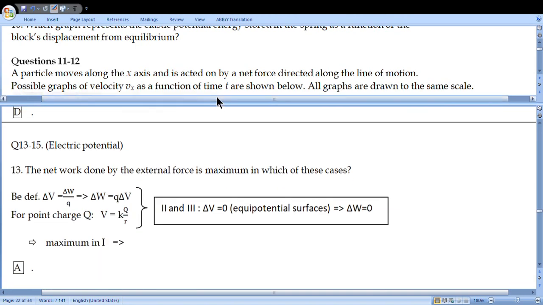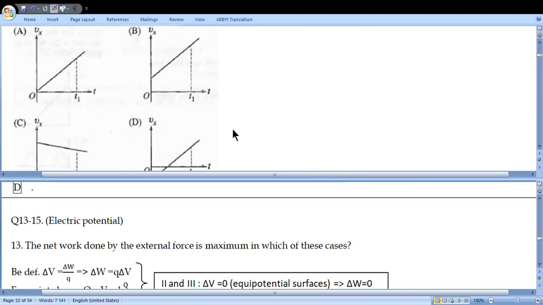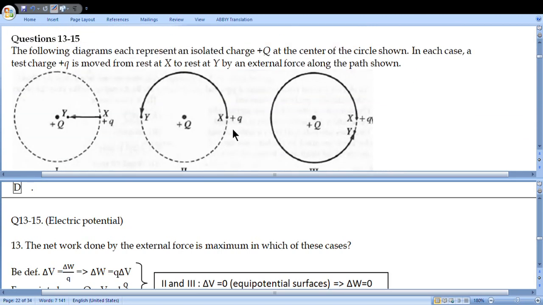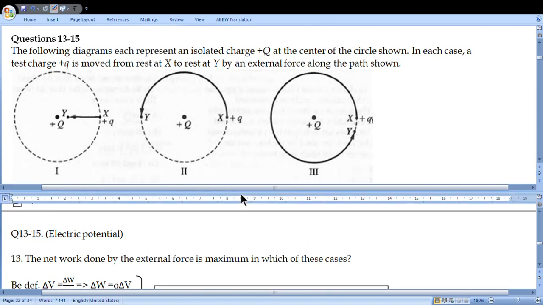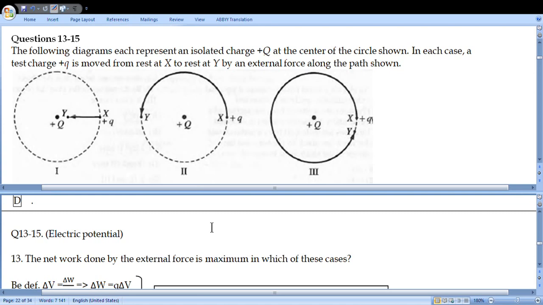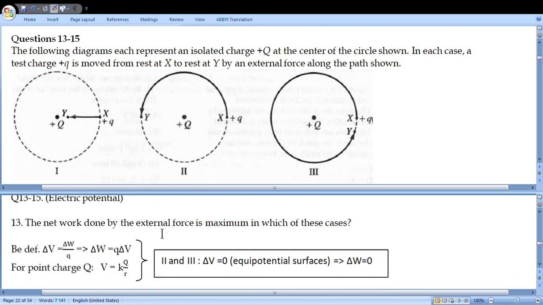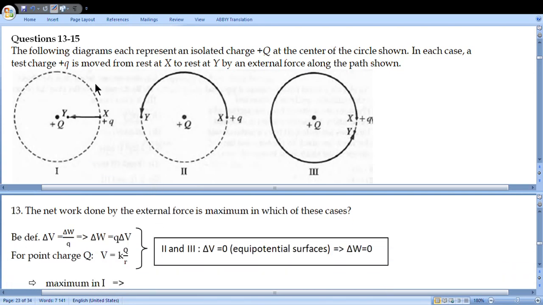Questions 13 to 15. Let's open the question.